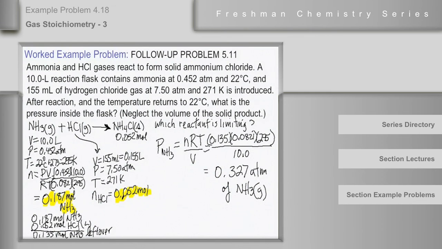Then we have the recognition that HCl is limiting, and that after HCl is all consumed, there will be 0.135 moles of ammonia left over. Then we take that number of moles of ammonia in the 10-liter flask at 22 degrees Celsius, and we calculate the pressure at 0.327 atmospheres.